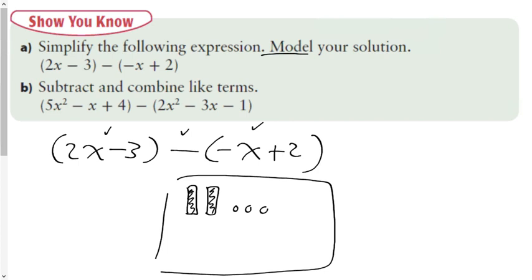Now, according to what we're doing here, from this term we're going to remove a -x and a positive 2. Do I have a -x or a positive 2 in there? No, I don't have either one of them. But remember, algebraically, this one and this one make what number? So just like the other one, if I bring that in, does that affect 2x minus 3? No, it still is a value of 2x minus 3. But what it allows me to do, I can now subtract a -x.